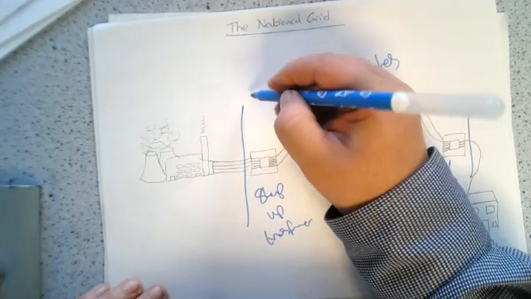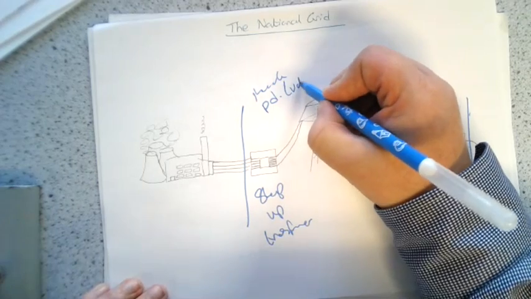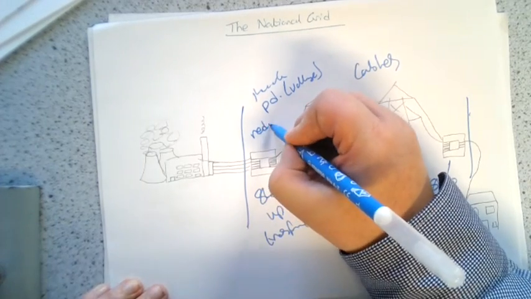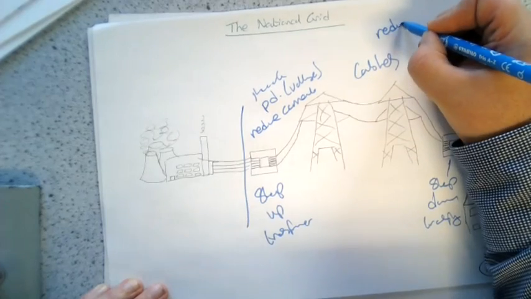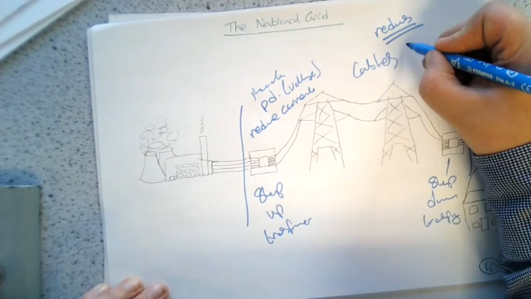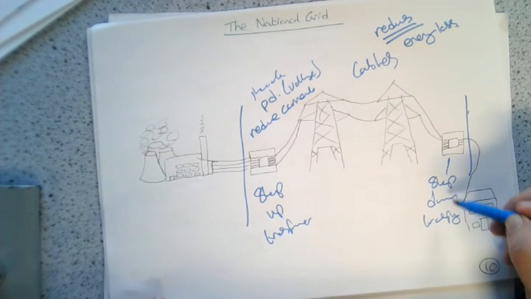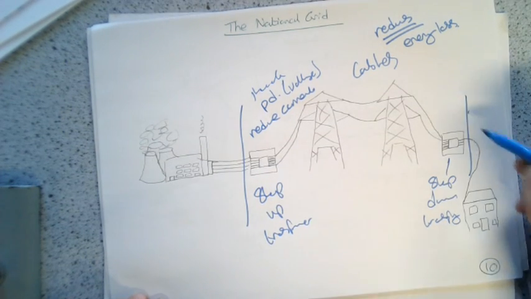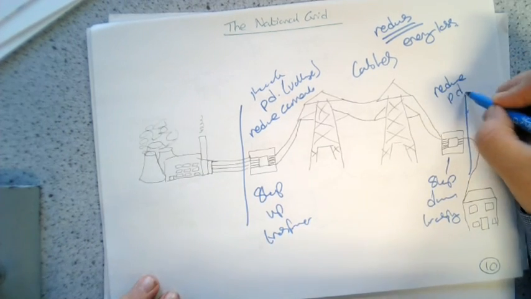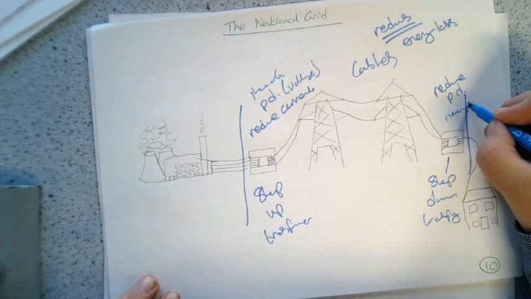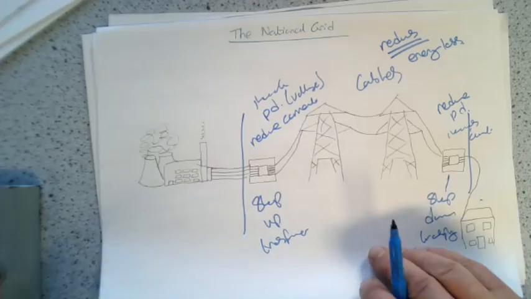Now, a step up transformer increases the potential difference or the voltage and reduces current, and it reduces the current, so it reduces, and this is very important, you say reduces energy loss, okay? Whereas a step-down transformer actually reduces the potential difference, okay, and increases current. And that's so it becomes useful for us to use in homes, okay?